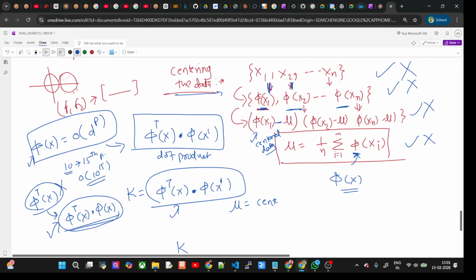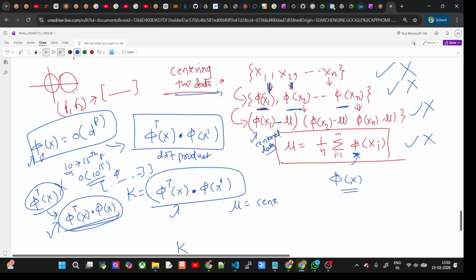This is too hard to get the phi function, because you need that many dimensions, that big vector arrays, and that array will be really difficult to get. So you don't want this way to get the phi.